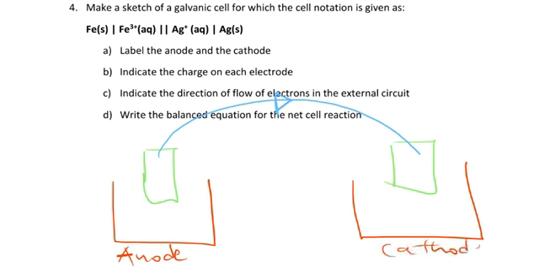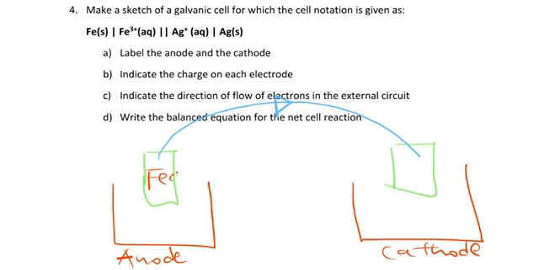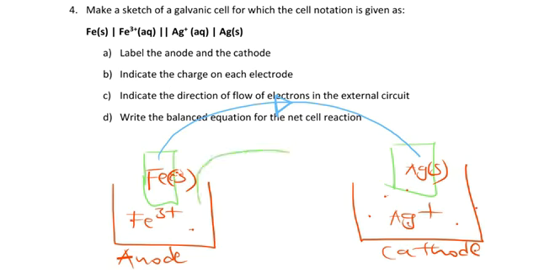On the anode, that's where we have iron, and that's where we have silver. Sorry. And then the other side will have the solid as well. Then in the solution, here we have the ions, equally on the other side as well. Then what is missing? We need to put a salt bridge.